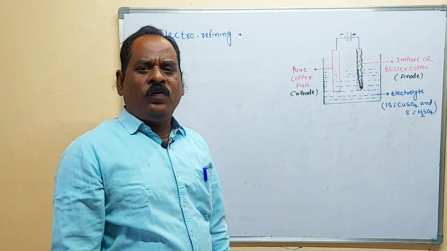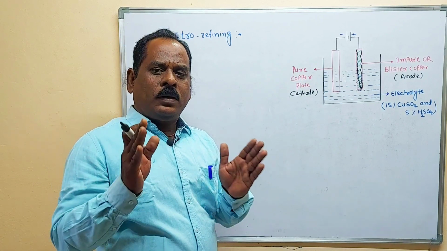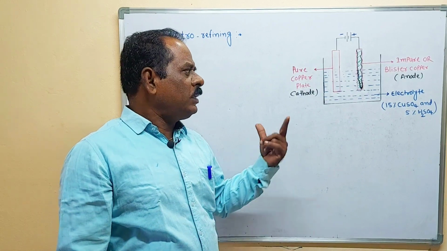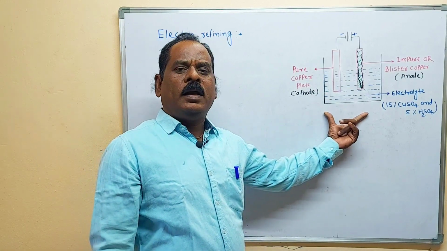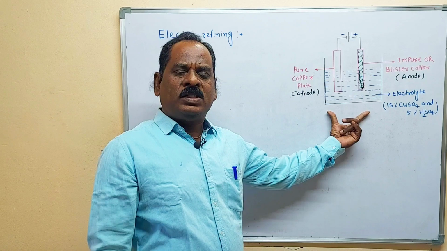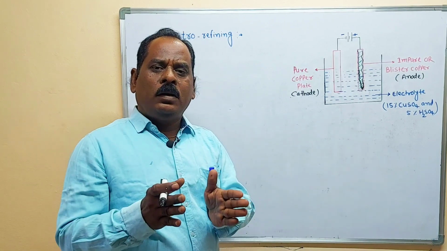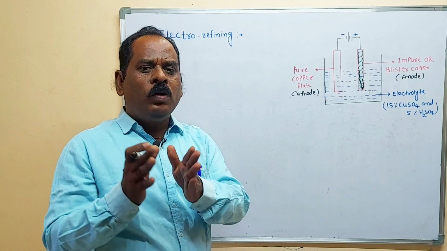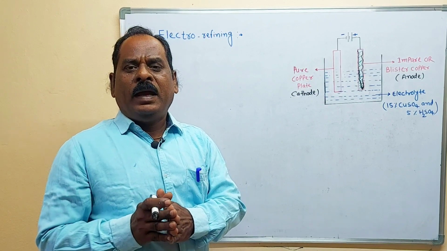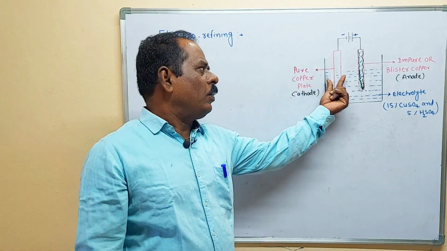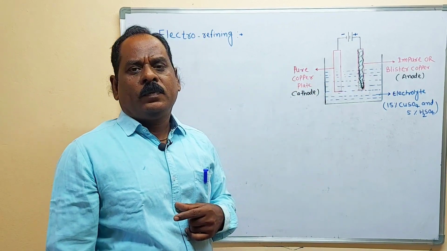How will you do the electro-refining? Try to understand the general points. First, take one rectangular steel tank, then take the rods of impure metal and take one rod of pure metal.